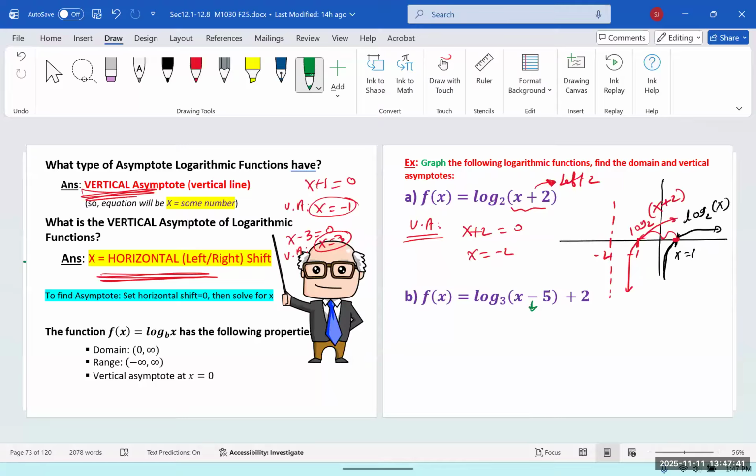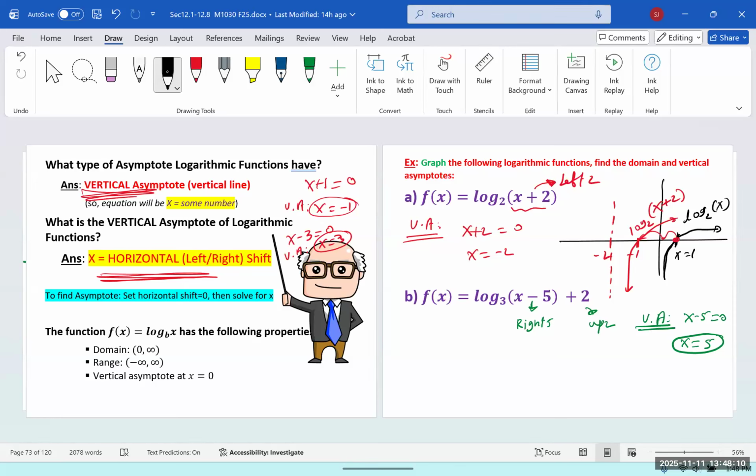So x minus 5, which direction are you going? Right 5. And we have a plus 2 extra. Up 2. What is your vertical asymptote? x equals 5. You take x minus 5 and set it equal to 0. So you have all the information.